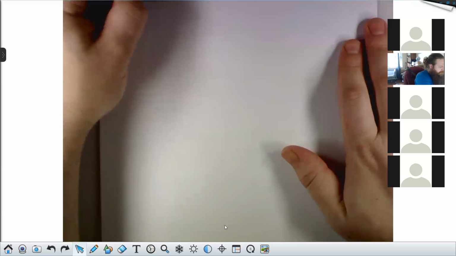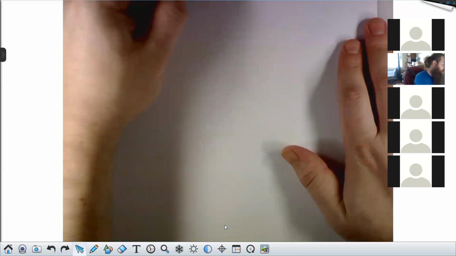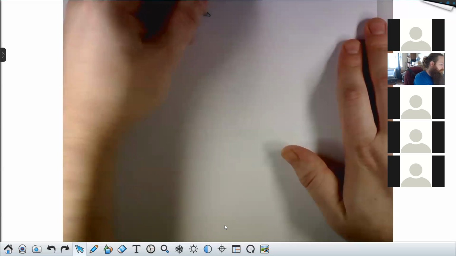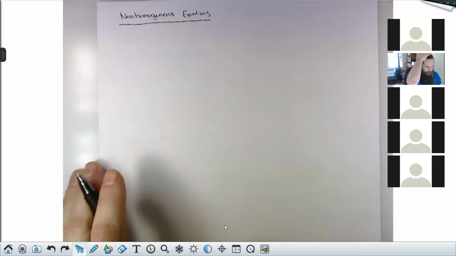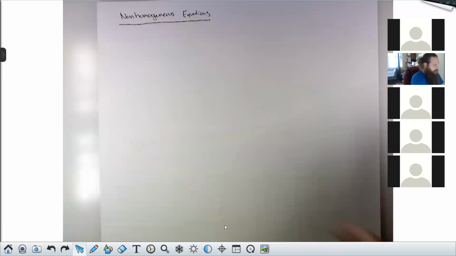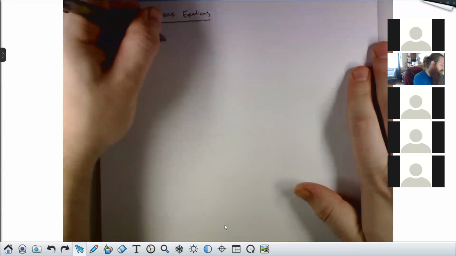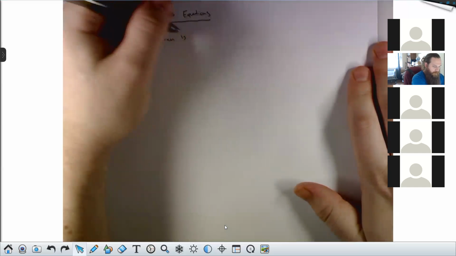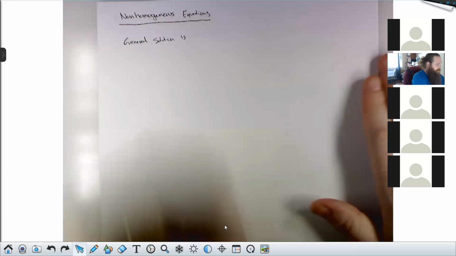So what about non-homogeneous equations? The general solution here is what you get by combining the general solution to the homogeneous equation with the particular solution.